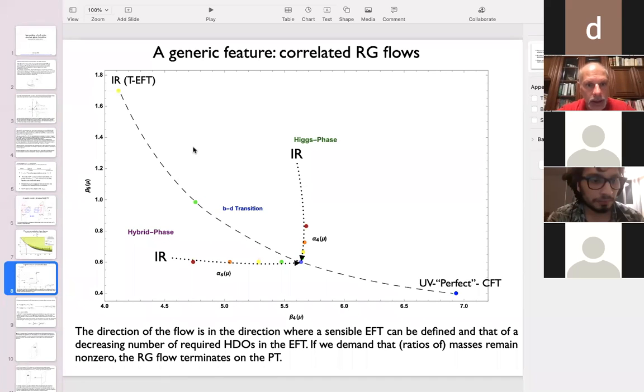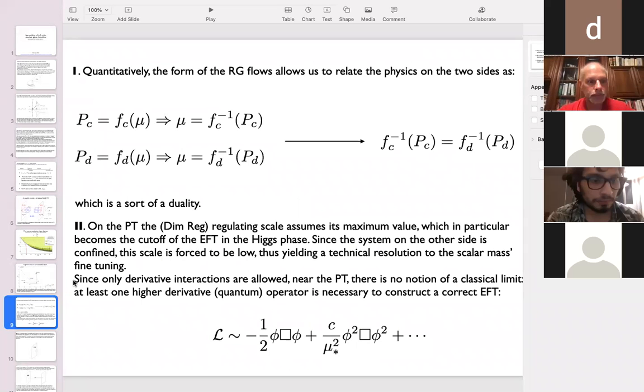And here is the color code again. There is a yellow, there is a green, there is a blue, and there is a deep blue here. So as you slide along the phase transition, you go from the infrared towards the ultraviolet. And that would not be possible, for example, if this line was a fixed line, if it was a second order phase transition. There would be no RG flow along the line.